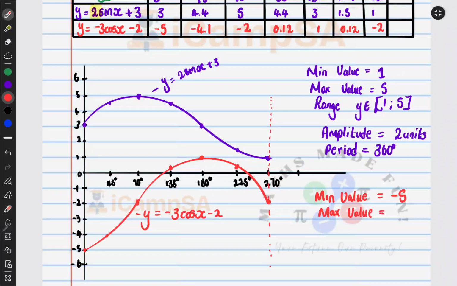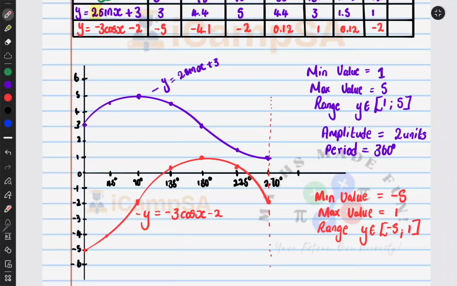The maximum value is gonna be what? Here, that is the highest point there. It's gonna be 1. That's the maximum value. The range is also given by the minimum and the maximum value. We say y is the element from, always start with the smaller value, which is -5 to 1.